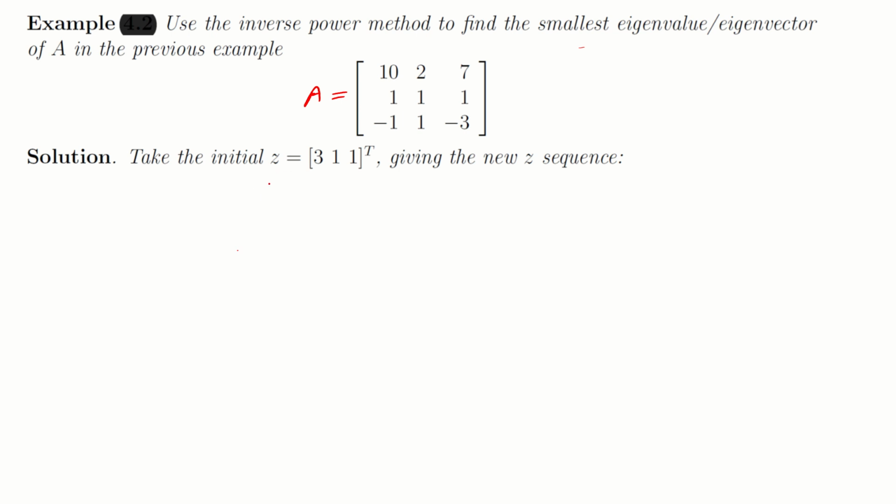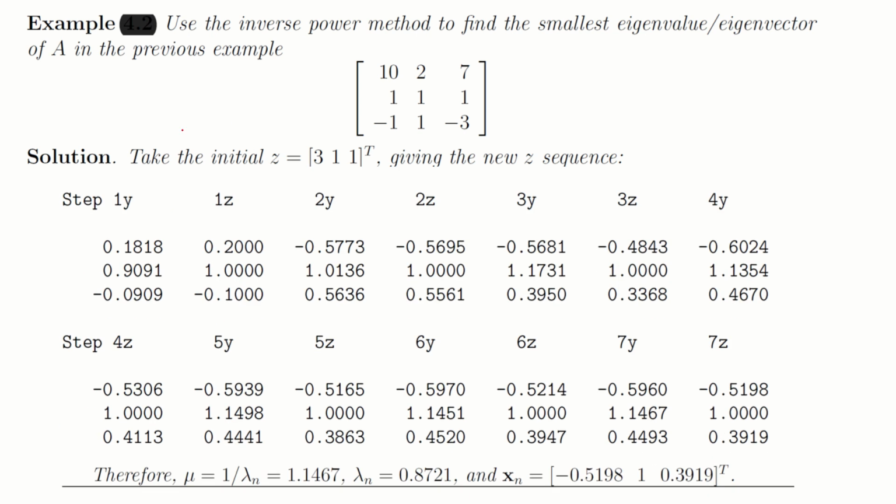The steps are similar to what we usually do in the power method. The first step is we have to enter matrix A in the calculator, and then we find y when we multiply the inverse of this matrix with this initial vector. When you multiply the inverse of this matrix A with this, we get this quantity.